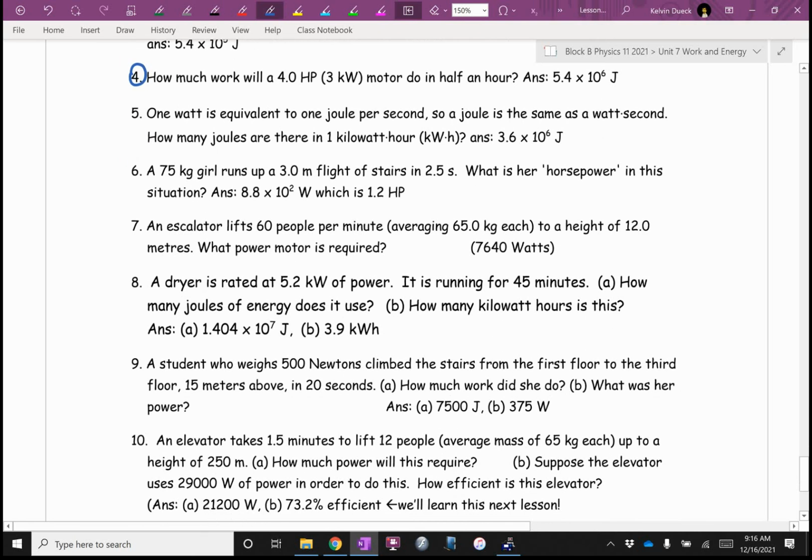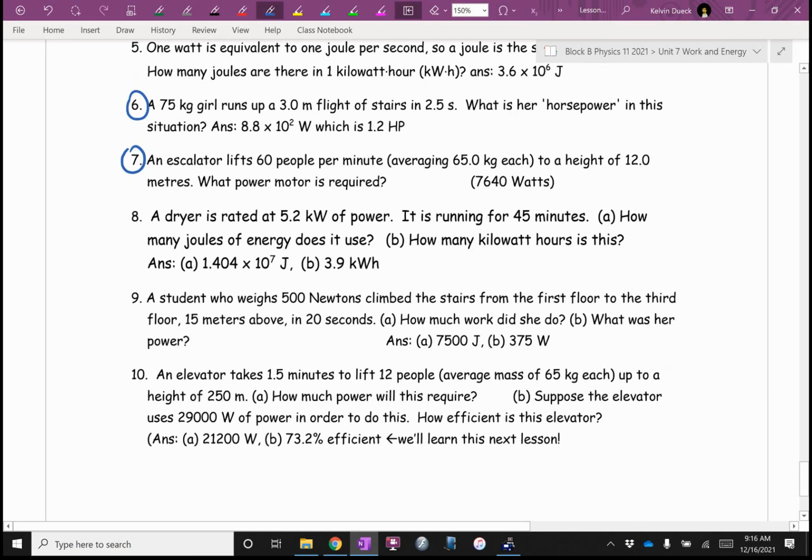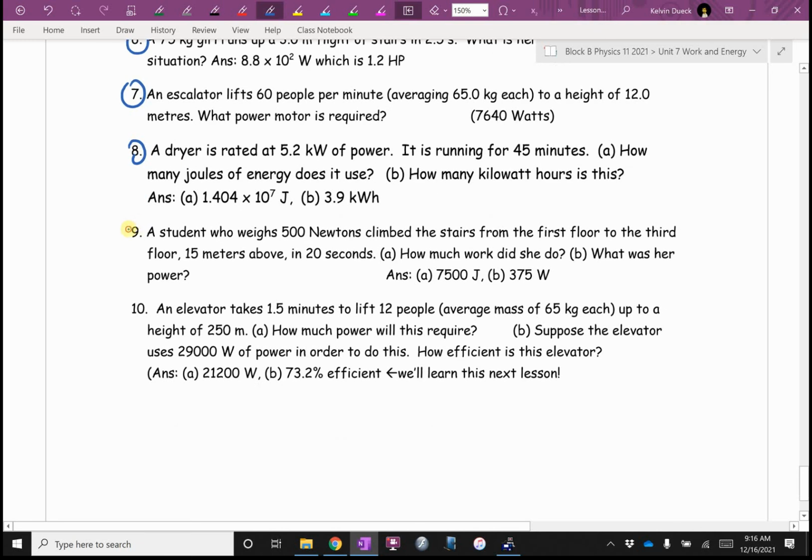You can skip 5. 6 is good. 7 is good. 8 is good. 9 is good. And 10 is good. I haven't taught you how to do B yet. B asks, how efficient is this elevator? Guess what our next topic is going to be after the break? Efficiency.